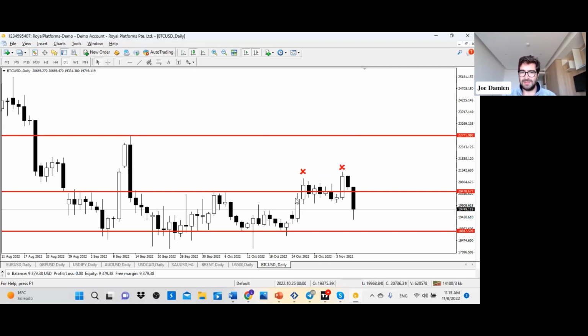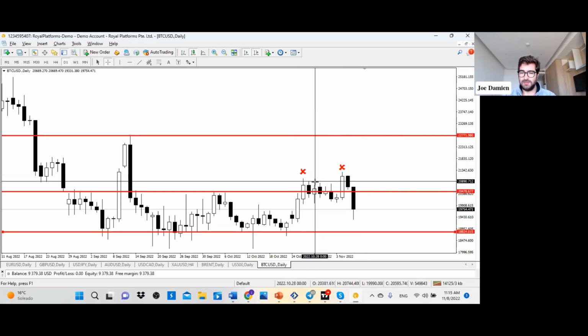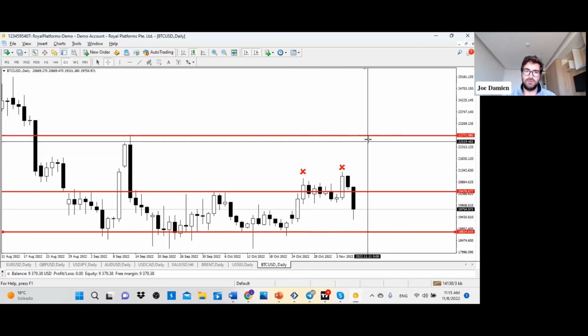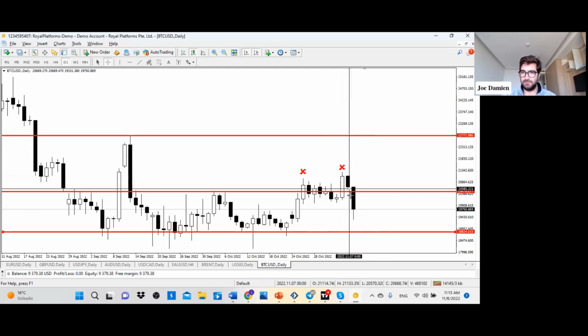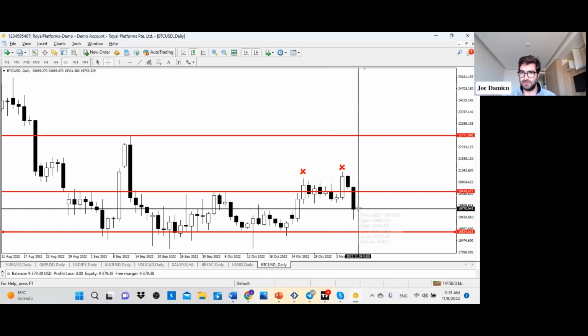And it seems the market is heading all the way down until 18,847. So the bulls were trapped here. Everyone thought that the market would continue its move until this previous high. However, the sellers were stronger, overwhelmed the buyers, and pushed the price to the downside with a reversal. So what's next? It's obvious.